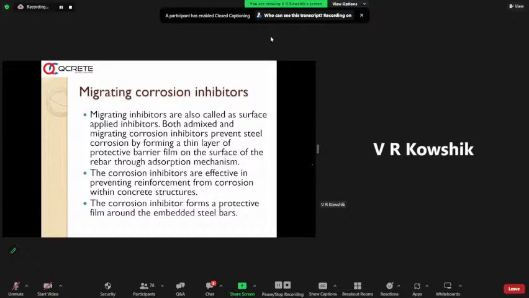So MCIs have become very popular, and now in India, in many of the major projects, especially infrastructure projects, MCIs have been specified and they're picking up. In many of the NHAI projects and many of the projects like important structures like flyovers and all, people have started specifying MCIs.